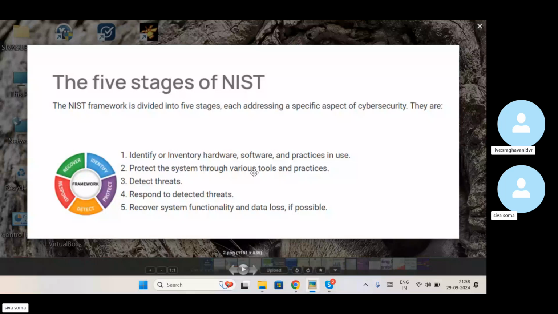The fifth one is recover. Suppose any incident happens, how do we recover? How do we recover the system from data loss, if possible? So we will take backup, right?